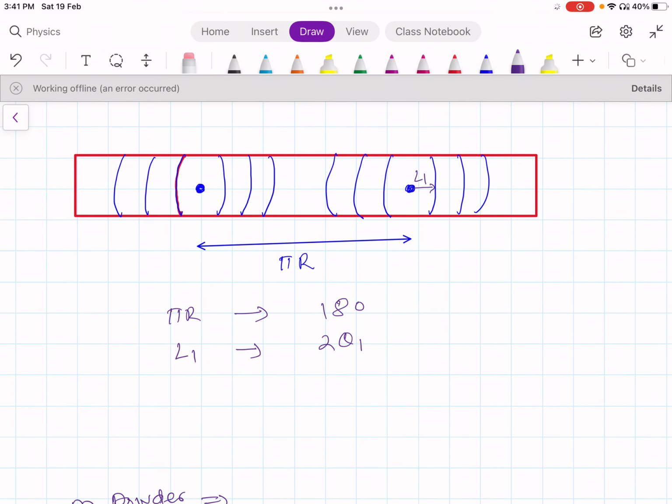Then we can write 2 theta 1 by 180 degree is equals to L1 upon pi r, or theta 1 is equals to 90 L1 upon pi r. So from this we can find the diffraction angle.